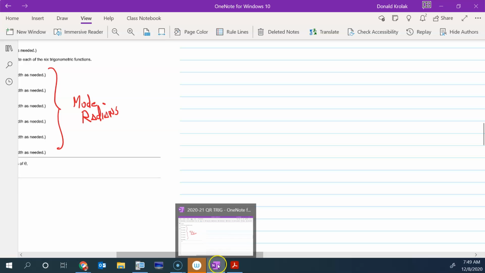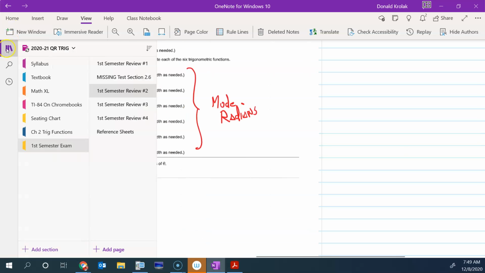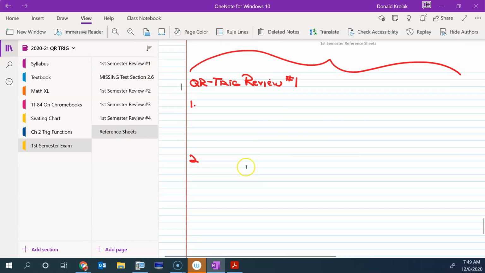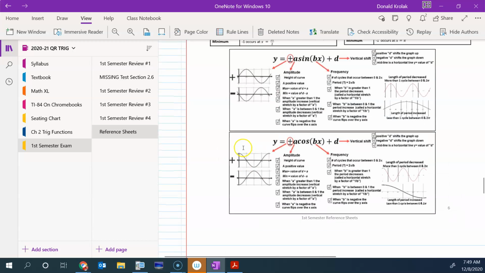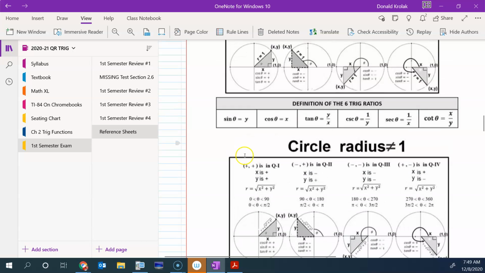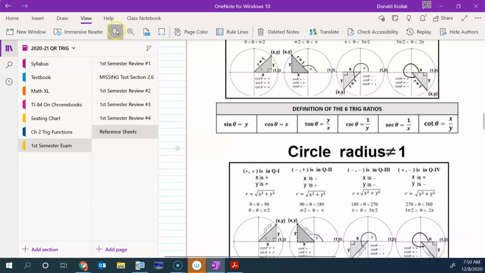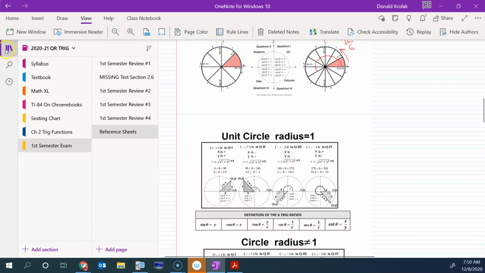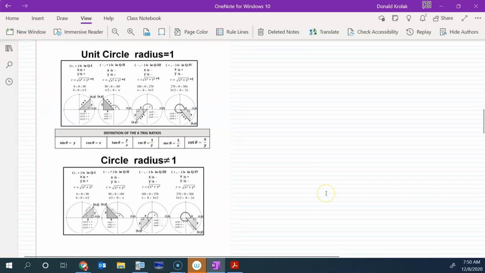So on your reference sheet, I want you to find the page that looks like this page right here. Where it says unit circle, that's what you're using here.